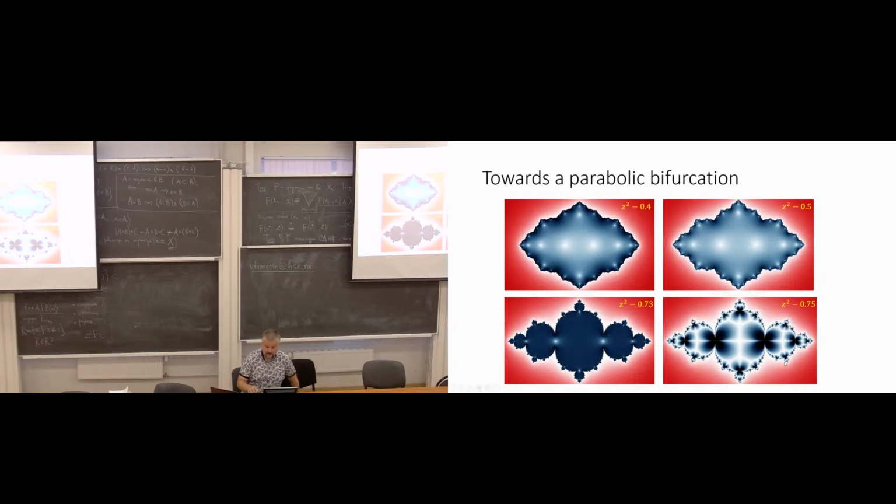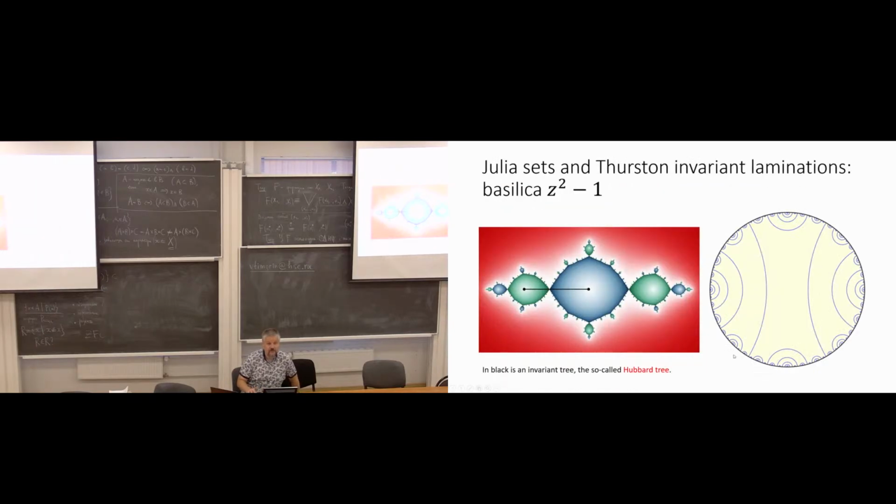And you can see this bifurcation if you look at the Mandelbrot set, because in the Mandelbrot set you pass from one component to another. So let me give another example. What happens with z squared minus 1?